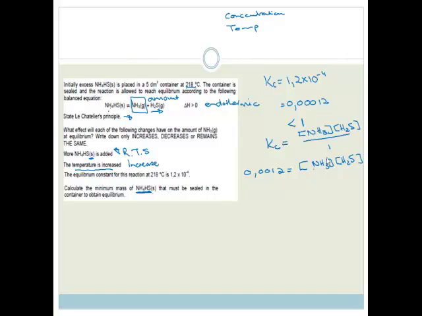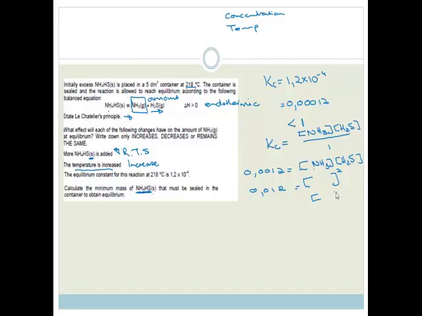So therefore we can just look at one of these two. Do you agree that we could pretend that we look at just ammonia, and we could say that the concentration of them squared is equal to 0,00012.